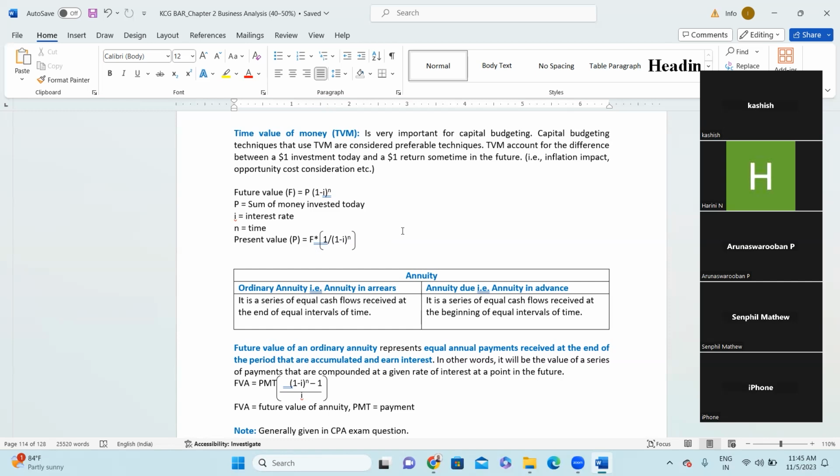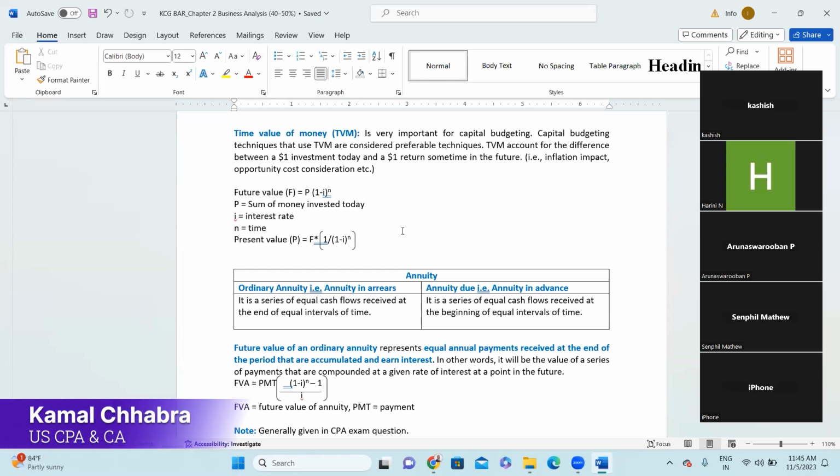After a year, the same $100 may have lower purchasing power and you will be able to purchase only 4 liters of milk. So the money loses value over time because of the inflation impact. That is called time value of money.